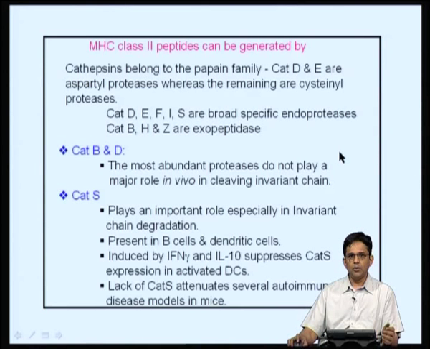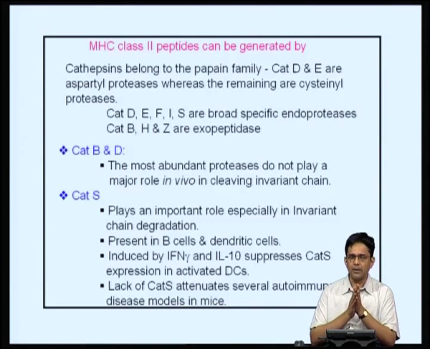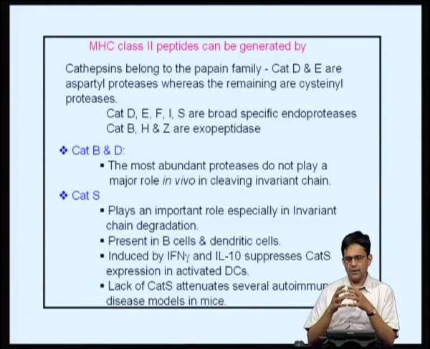What is also known is cathepsin D, E, F, I, S, they are broad specific endoproteases, whereas cathepsin B, H and Z are exopeptidases. Cathepsins are primarily found in lysosome compartments and lysosome or MHC 2 compartments. Now, for cell biologists there is a difference between lysosomes and the M2C.